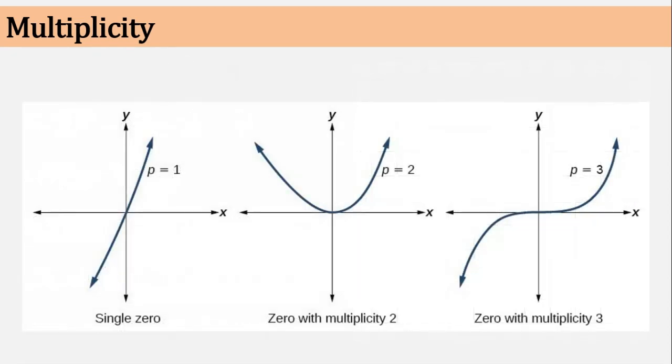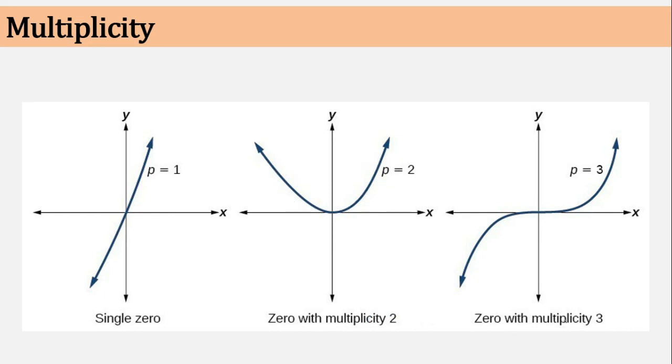To illustrate it more, if we have a single zero, meaning a zero that occurs only once, it just passes the x-axis. But if the multiplicity is 2, it will just bounce back.